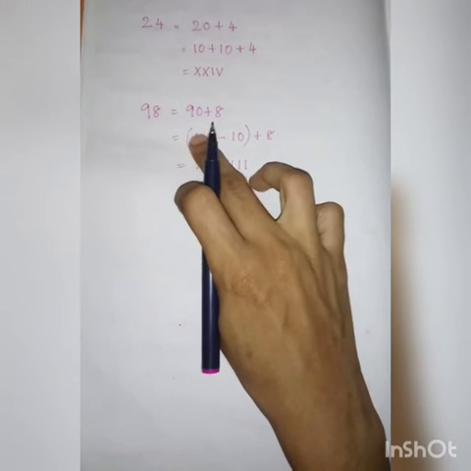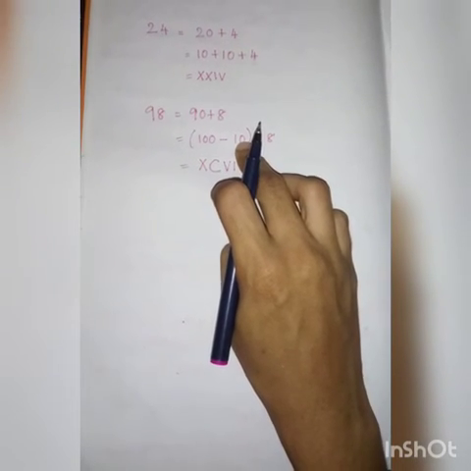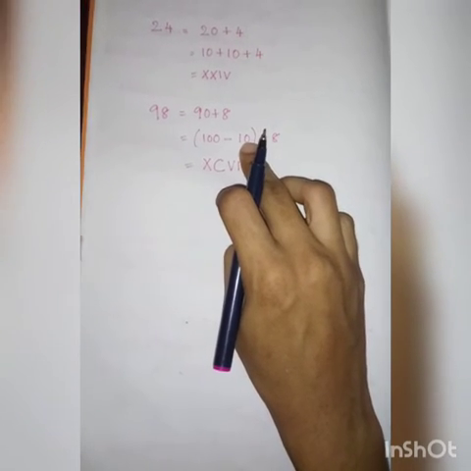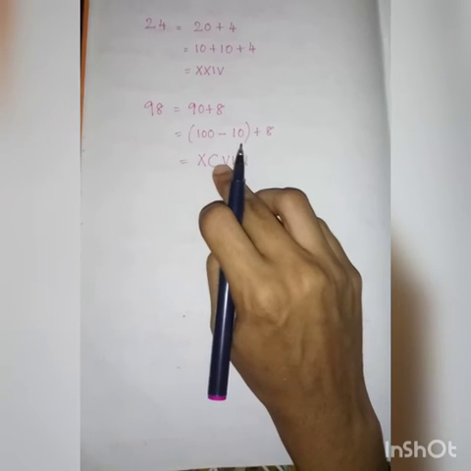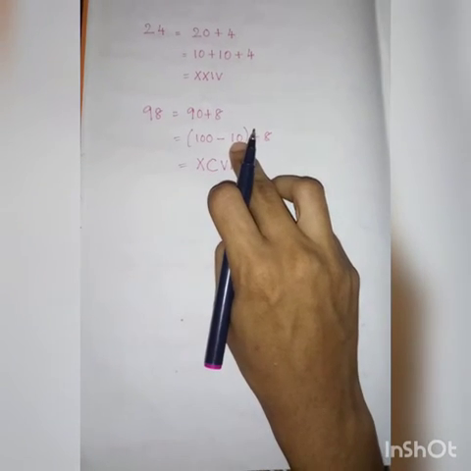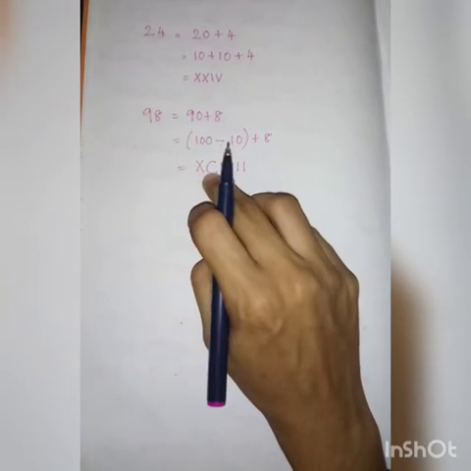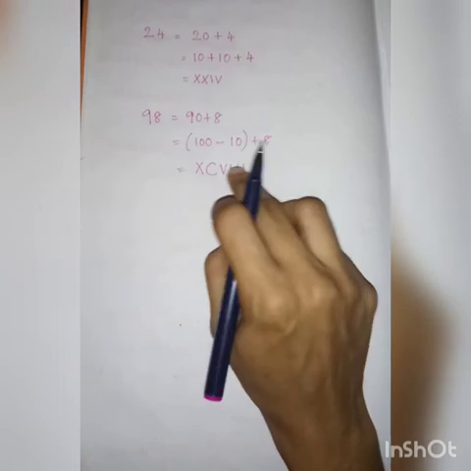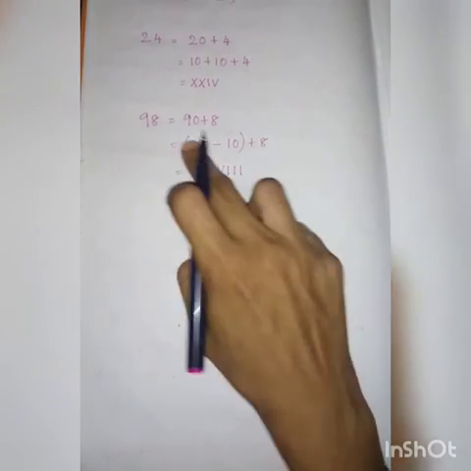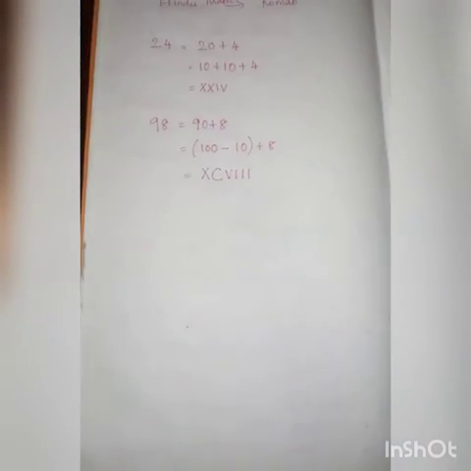Since subtraction takes place here, the smaller number will be on the left side and the greater number on the right side. The smaller Roman numeral is X, then the greater Roman numeral 100, C. Then what is 8? VIII. So XCVIII is the Roman numeral for 98.